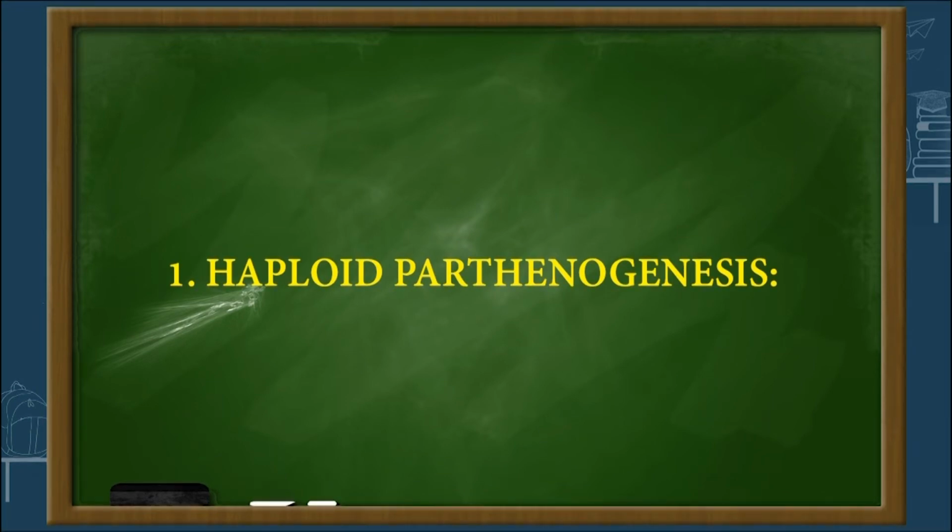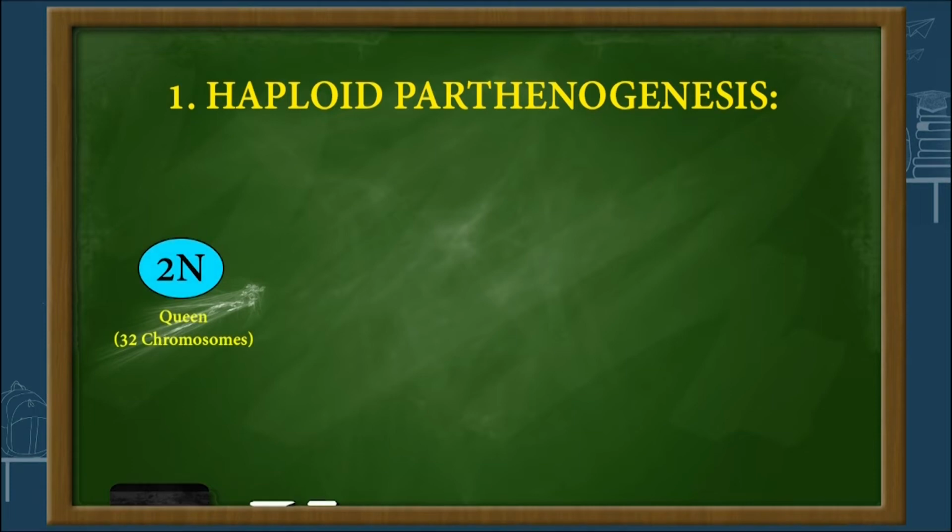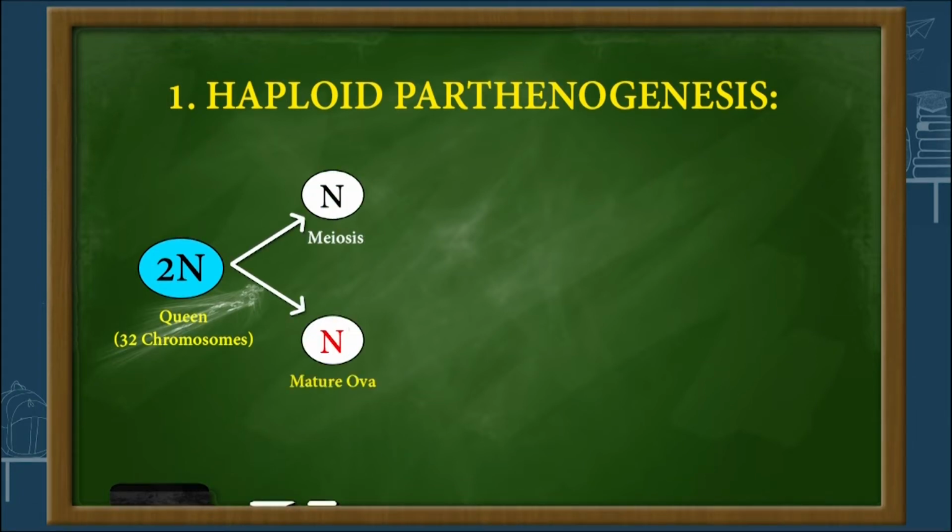Now, the first type is haploid parthenogenesis. In this case, normal meiosis occurs and the parthenogenetic haploids develop into males. The best example comes from the honeybees. In honeybee, there is a queen which is fertilized only once by a male. The male is called a drone. She stores the sperm during mating in her seminal receptacles.